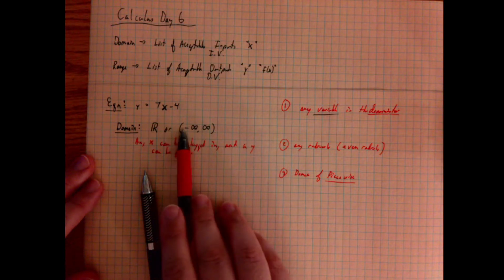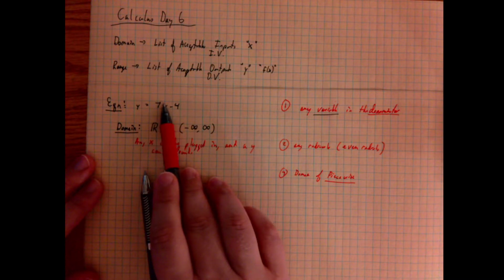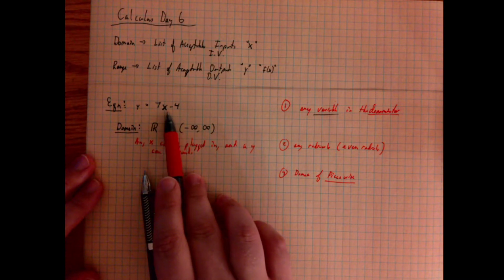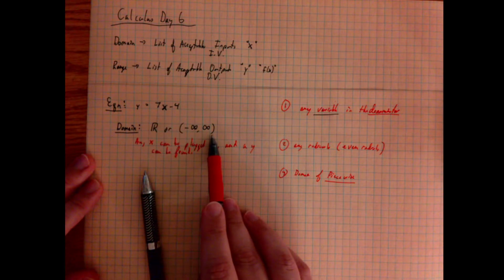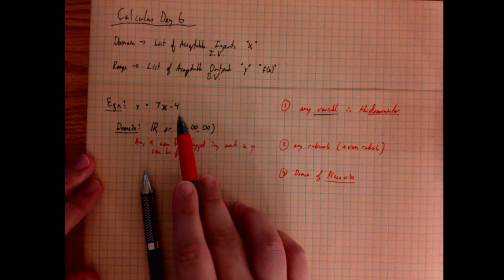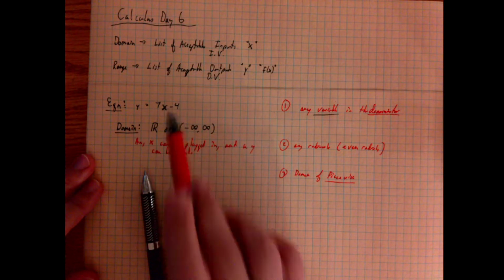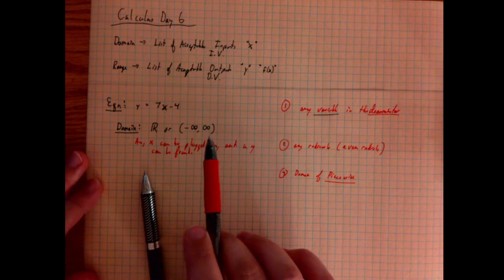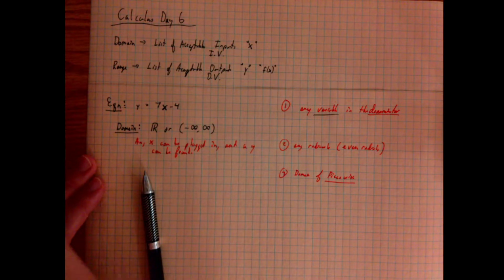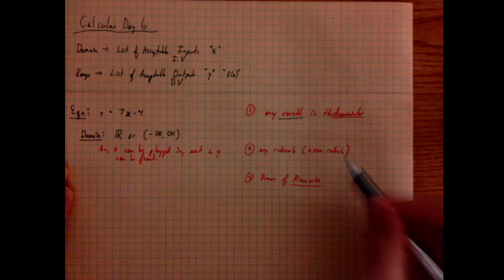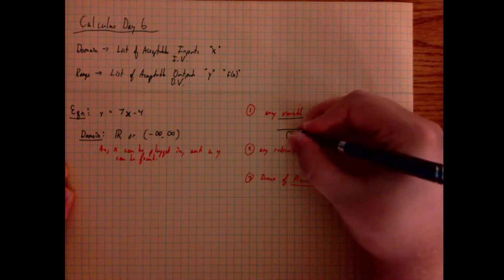If I pick negative 20, I can plug it in and get an answer. If I pick negative 10, I can plug it in and get an answer. If I pick negative 2, I can plug it in and get an answer. If I pick 5, plug it in and get an answer. Pick 17 over 4, I can plug it in, I can get an answer. It works. The big times you do not get an answer are anytime you end up dividing by 0.